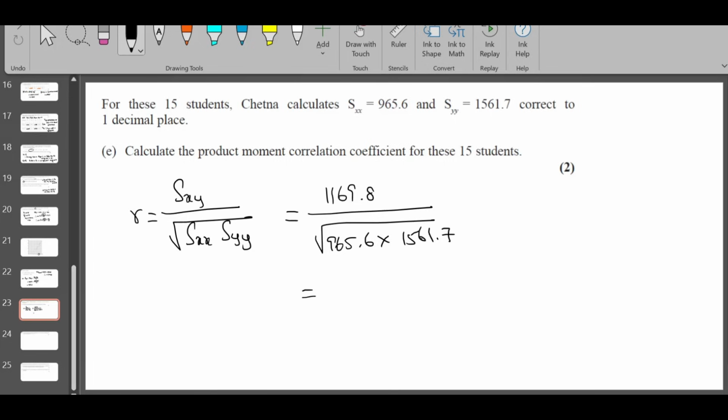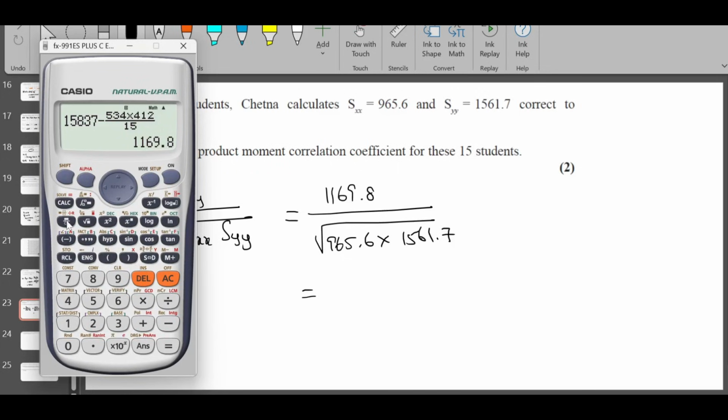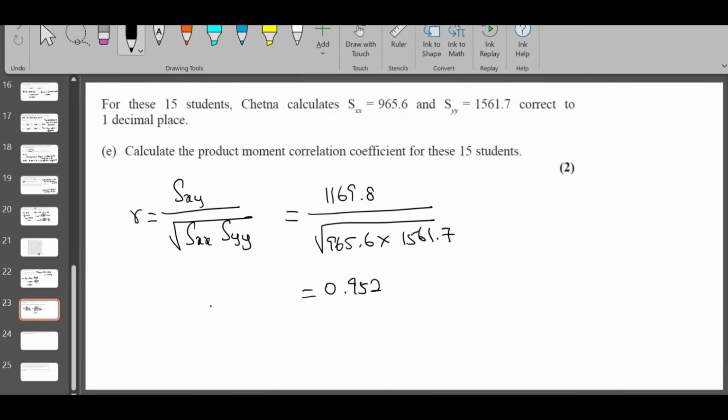So this answer divided by square root of 965.6 times 1561.7. 0.95260 dot dot dot, rounded to 3 significant figures, 0.953 is the answer.